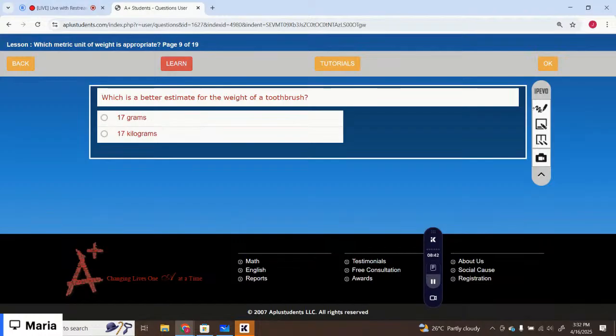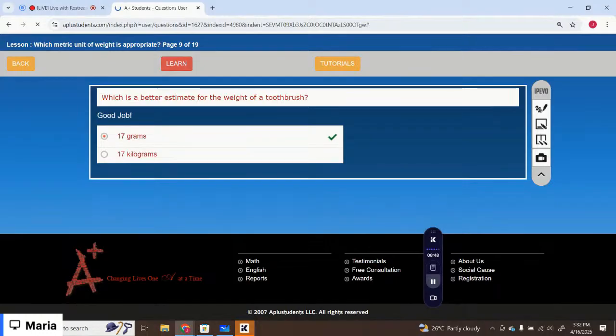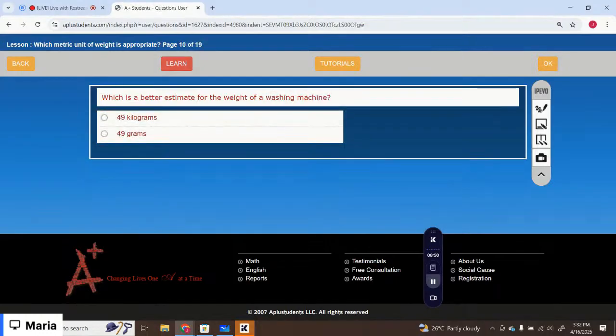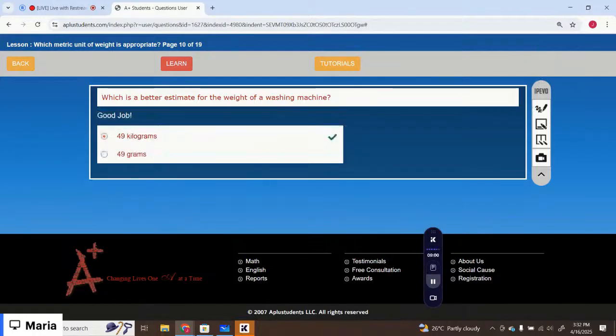That must be 17 grams. 17 kilograms for just a toothbrush? Which is a better estimate for the weight of a washing machine? That is 49 kilograms. Option 1 is the correct option.